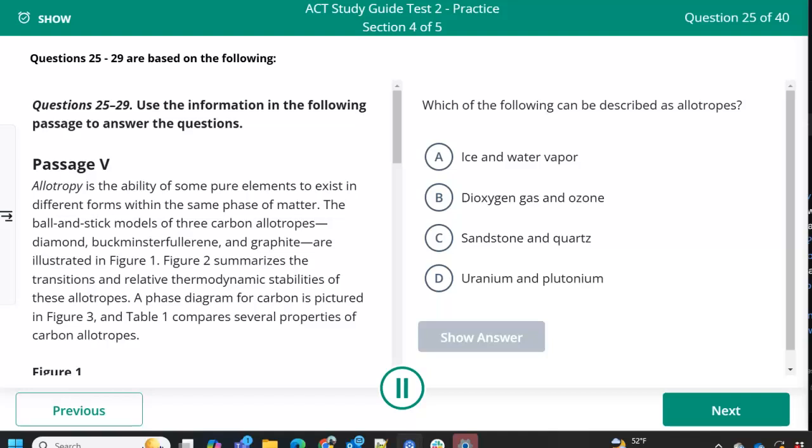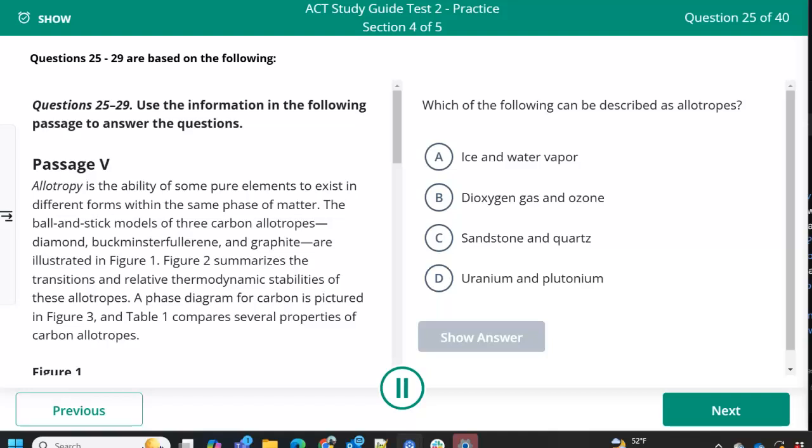Sandstone and quartz. Those are not elements. Uranium and plutonium are elements. Yeah, I gotta back up there.